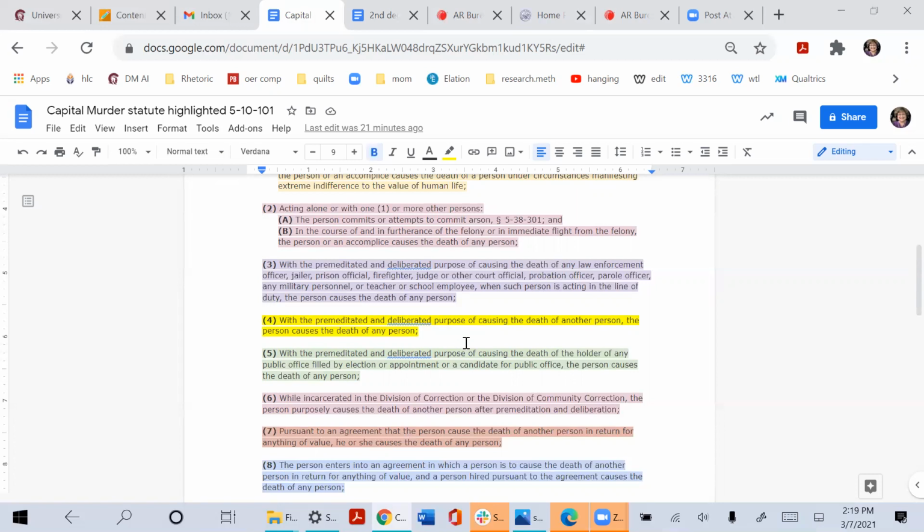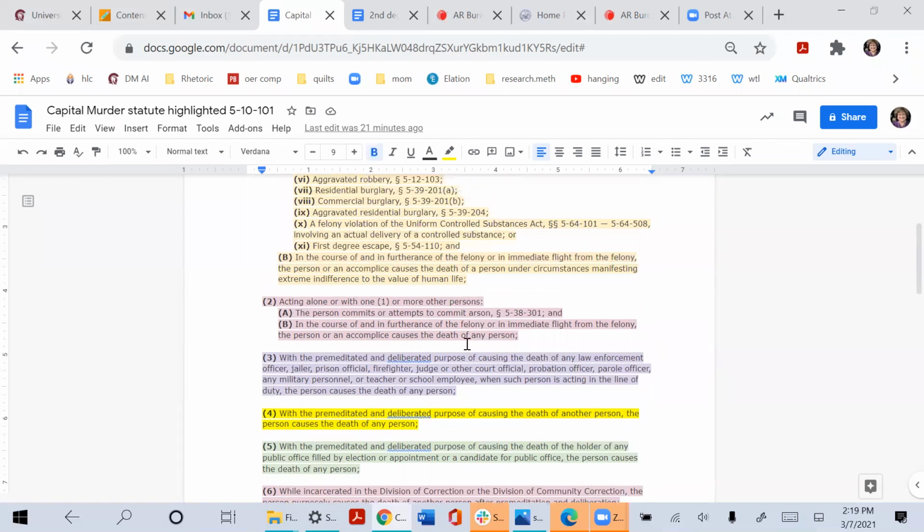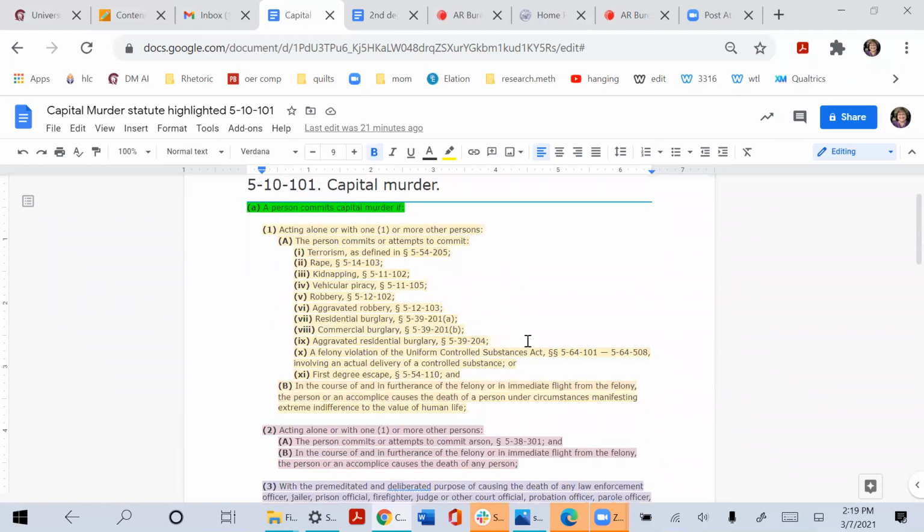When you look at the rest of the types of capital murder, you see number 1 is what's called the felony murder statute. There is a felony associated version in other murder statutes, including first degree and manslaughter.